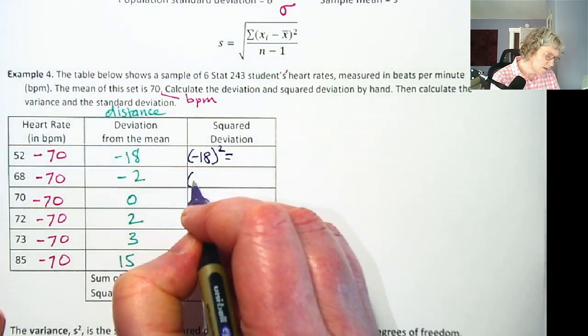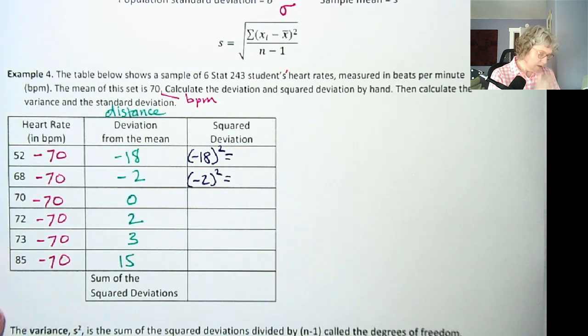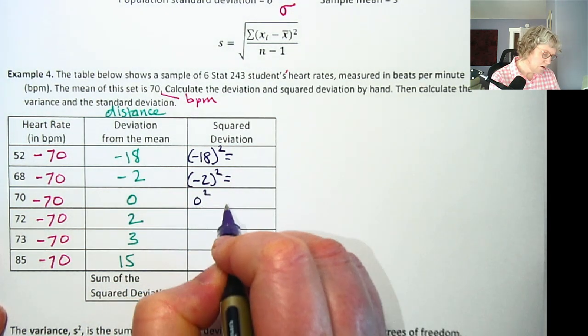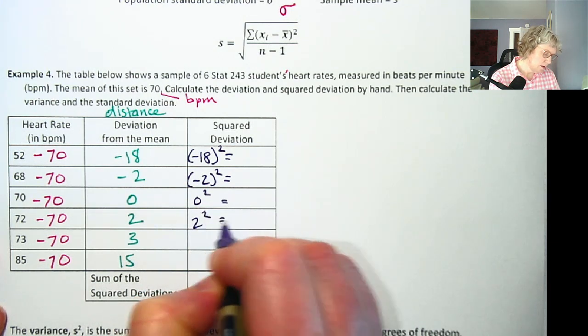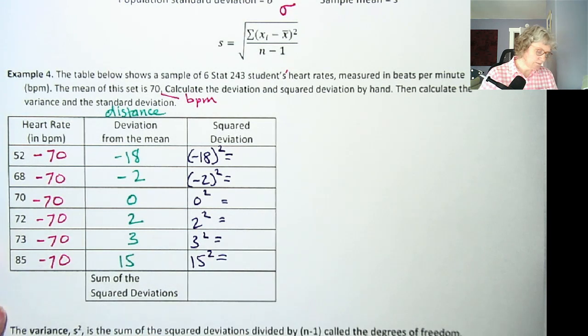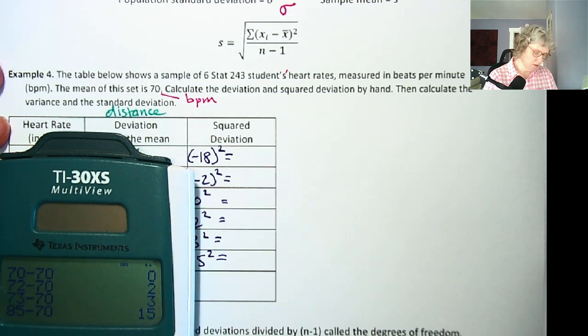So I'm going to put parentheses around negative 2 squared. Or you could also just know that a negative times a negative is positive. Then 0 squared, 2 squared, 3 squared, going down the table, and 15 squared. Those will be my numbers. So let me calculate those.